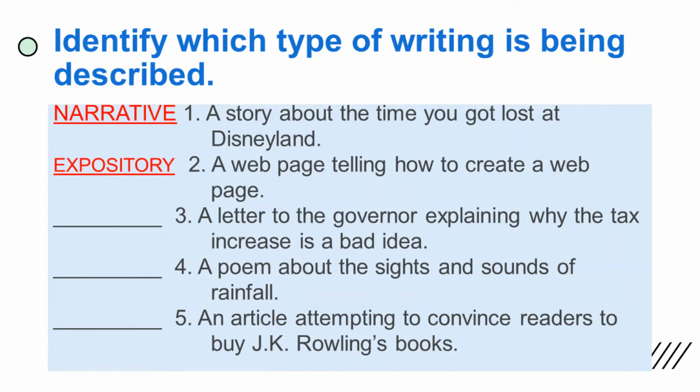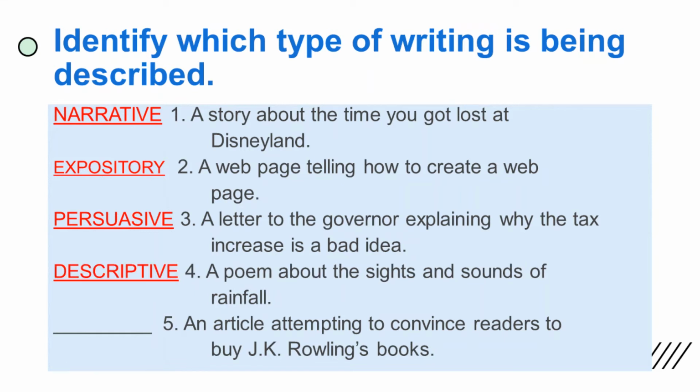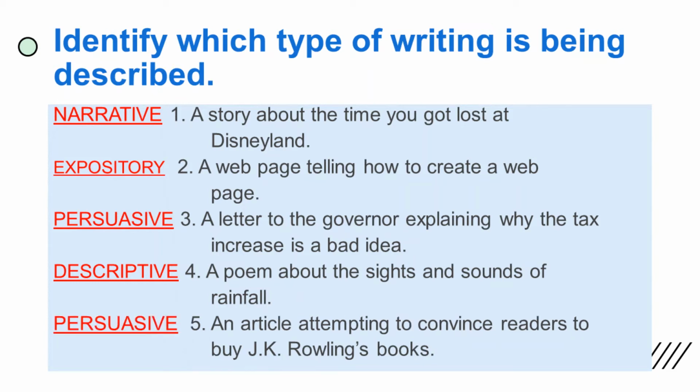A letter to the governor explaining why the tax increase is a bad idea. The answer is persuasive. Number 4. A poem about the sights and sounds of rainfall. It is descriptive, correct. And number 5. An article attempting to convince readers to buy J.K. Rowling's books. The answer is persuasive.